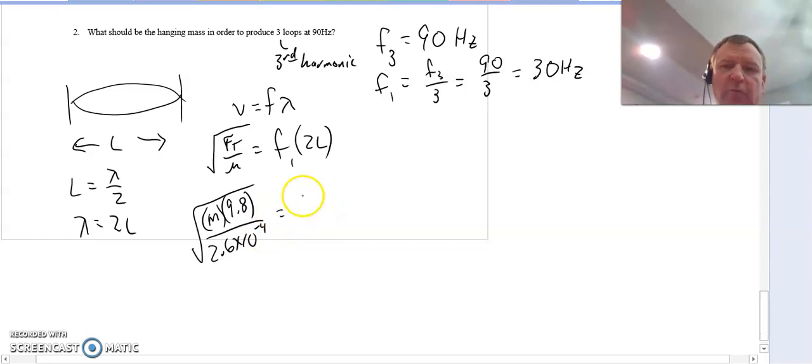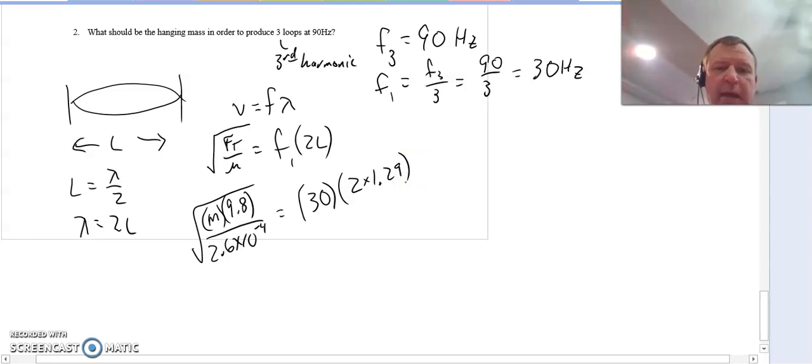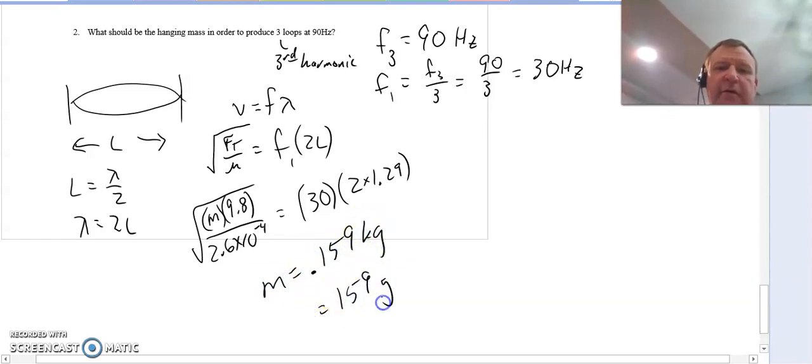That equals f1, which I know is 30, times 2 times L, 2 times 1.29. Little math to get to mass: I would just calculate this right side, square both sides, then multiply by 2.6 times 10 to the negative 4 and divide by 9.8. The mass you should get is 0.159 kilograms, which is 159 grams.